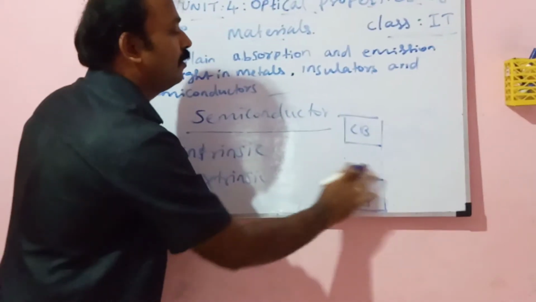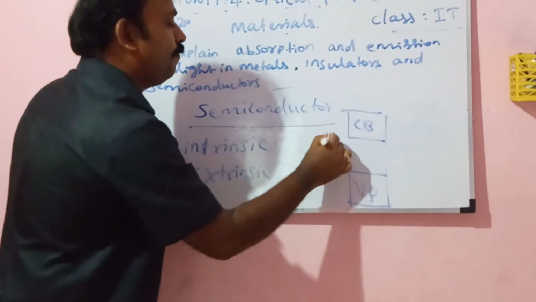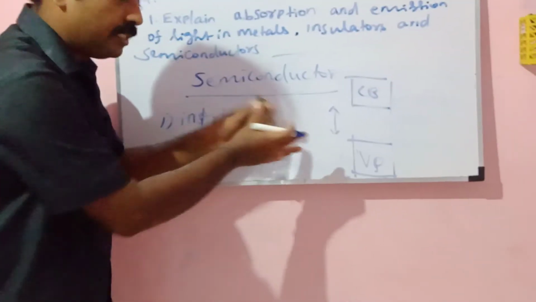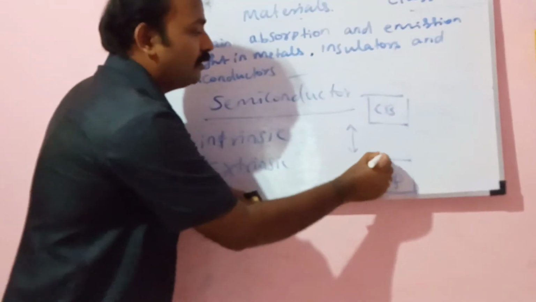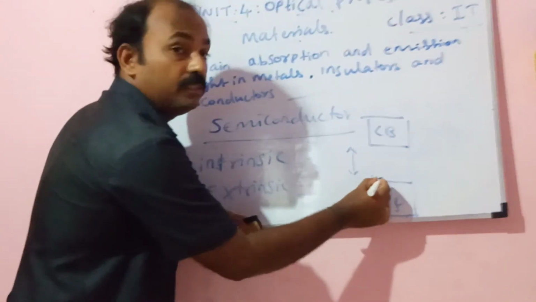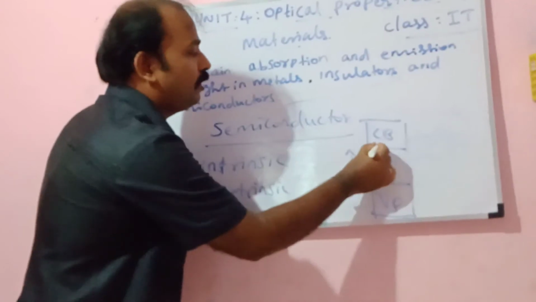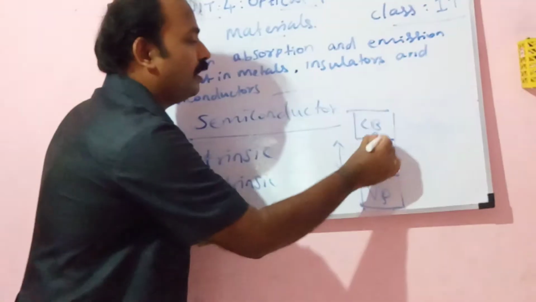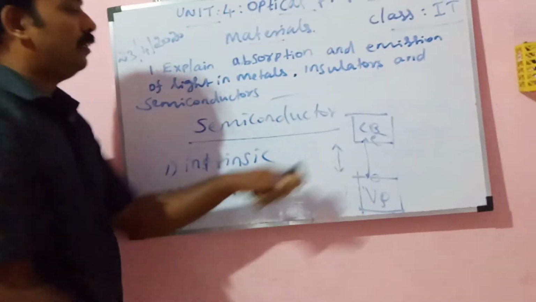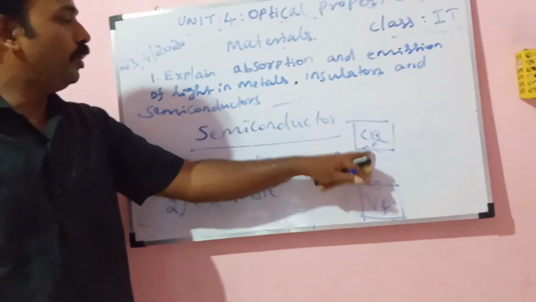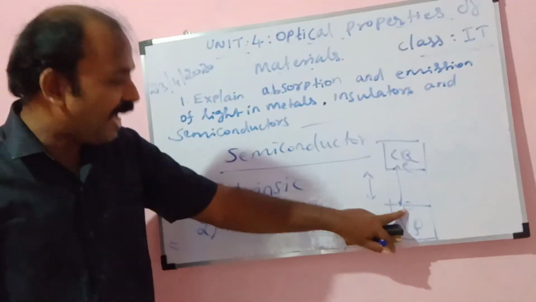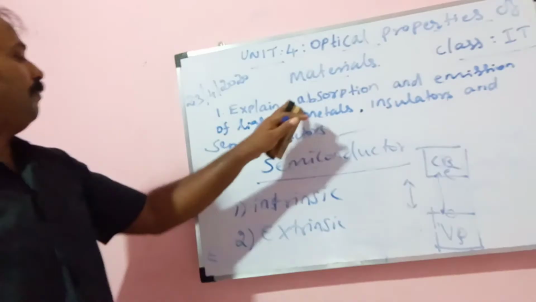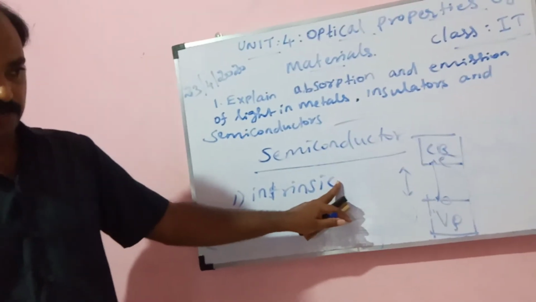When incident energy falls on it, some electrons move from the valence band to the conduction band. So here the hole is created, here the electron is there, so hole-electron combination produces light. This is the way emission and absorption take place in an intrinsic semiconductor.